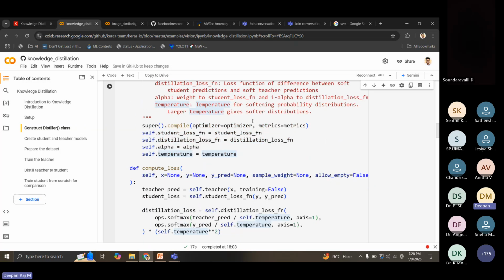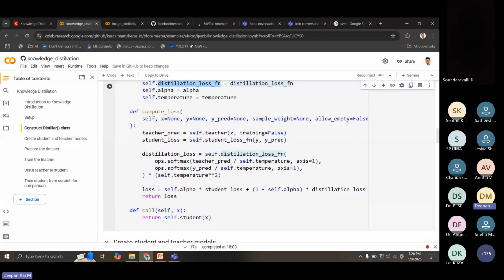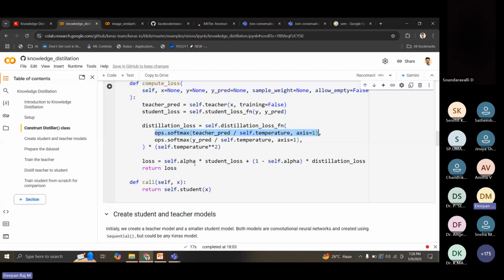Then I get the compiled information: the student loss, the distillation loss, the alpha and temperature, and I compute it. This is how the calculation looks. I use a distillation loss function, give it the softmax predictions of the teacher and the student, and add every loss together.